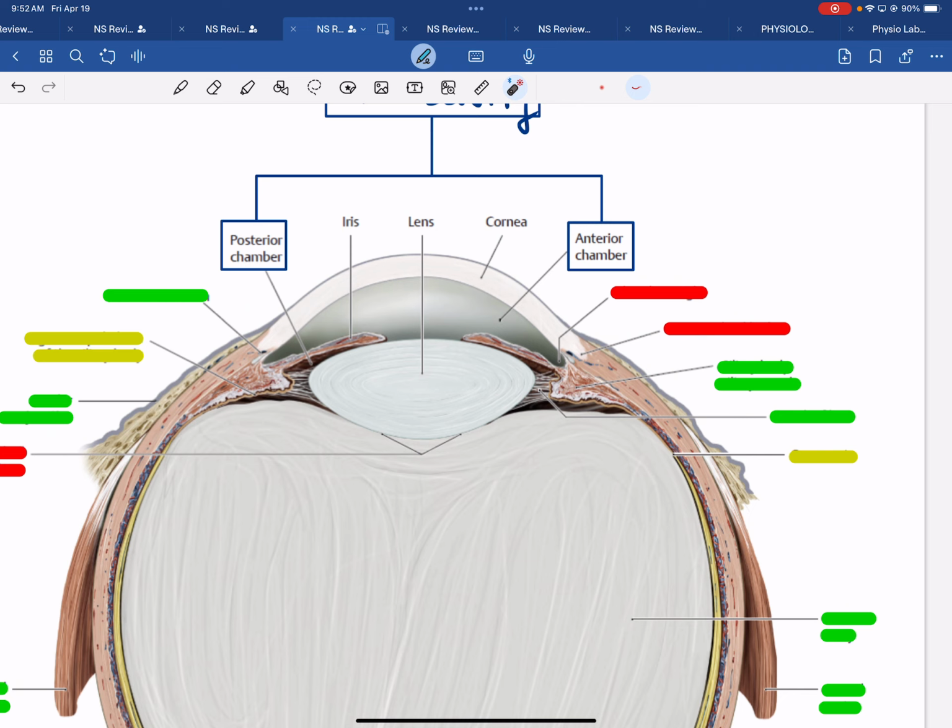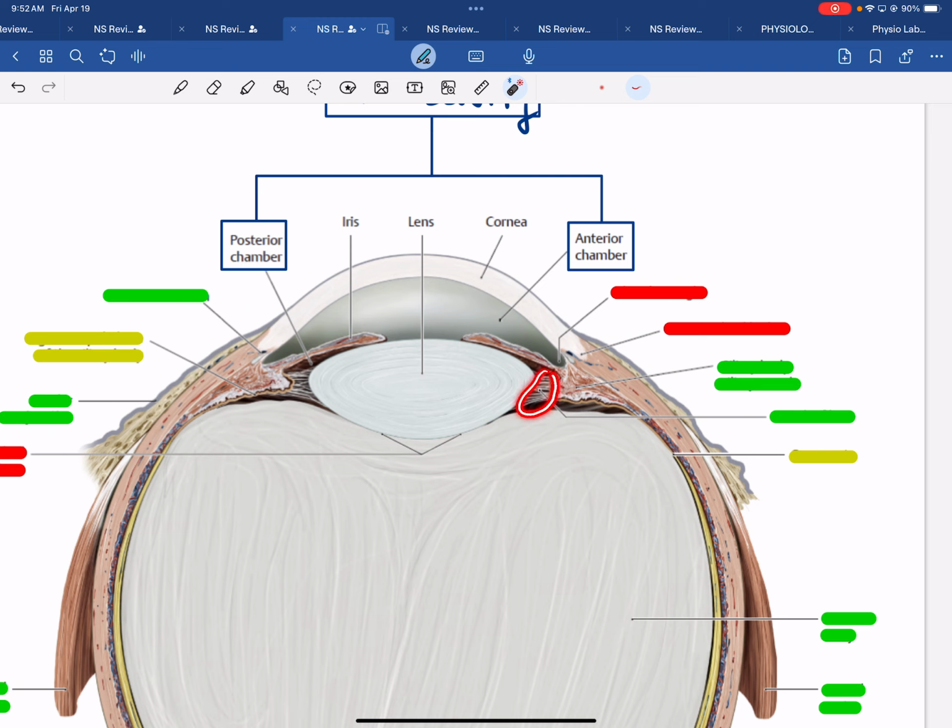So all of that goes together. Sphere is near, it's parasympathetic. How is it parasympathetic? Because you're seeing things that are close, not things that are far, and when the muscle contracts, it doesn't cause the lens to flatten out, it causes the lens to become more like a sphere, right? Okay.